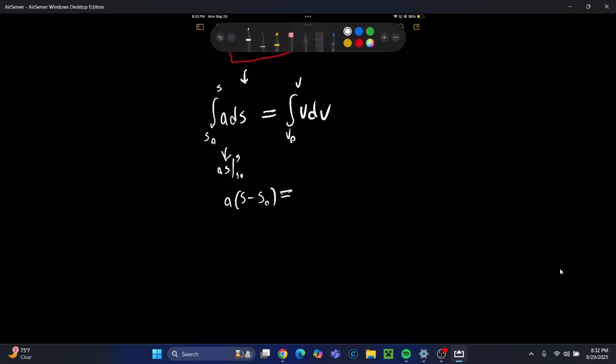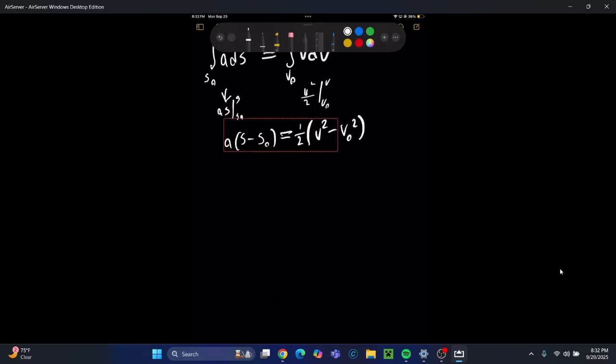equals, since this is v dv, v squared over 2, but then plugging in those initial values we get 1/2, sorry, that's 1/2 times v squared minus v naught squared.